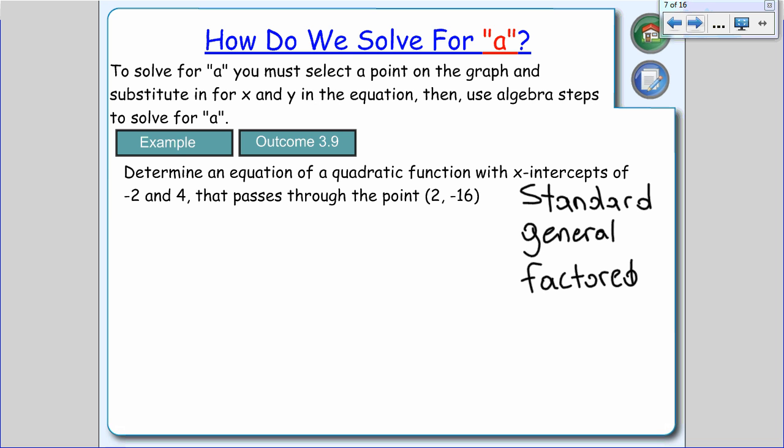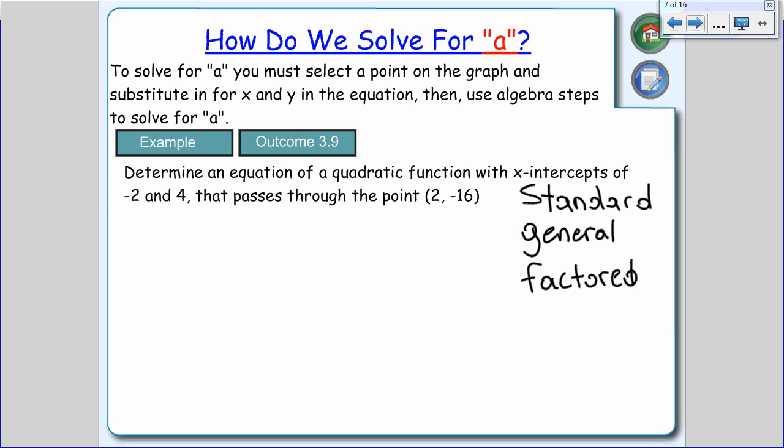Standard form helps us find our vertex, and it also helps us find if it's opening up or down. General form helps us find our y-intercept. It also helps us use the quadratic formula if we ever want to.